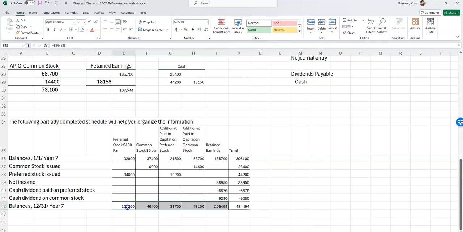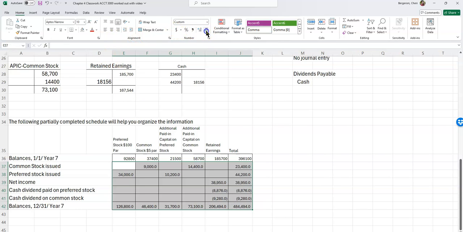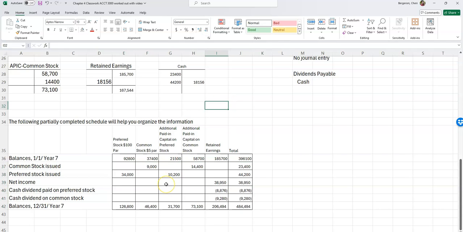Let me try it again. 484,494. I'm going to add down to make sure that equals, and it does, so it appears that everything is okay. So that is how I would create my updated stockholders' equity for the end of the year. So let me know if you have any questions on that. Thanks.